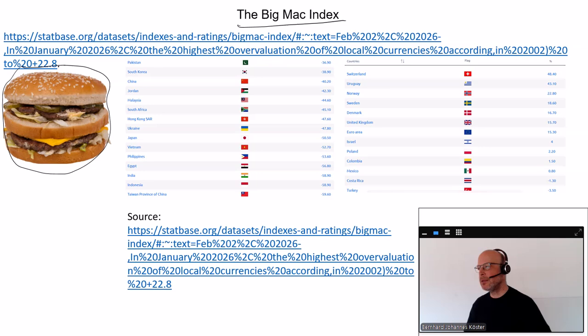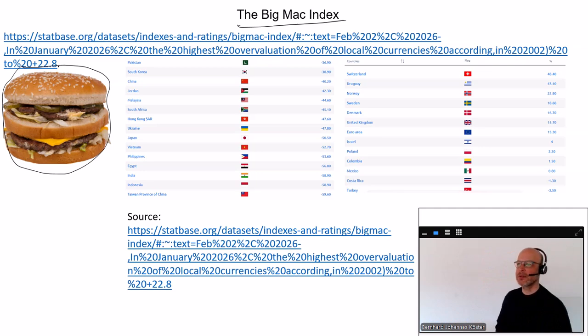Remember, I said one problem is that some goods are not really tradable. And here we have a good which is in the end just produced in the same way in almost all countries in the world, at least within the large cities.